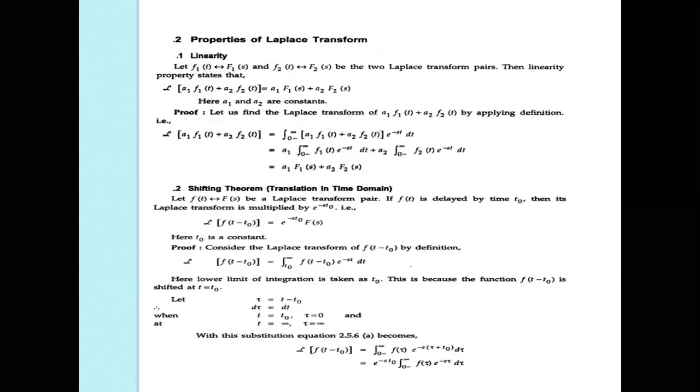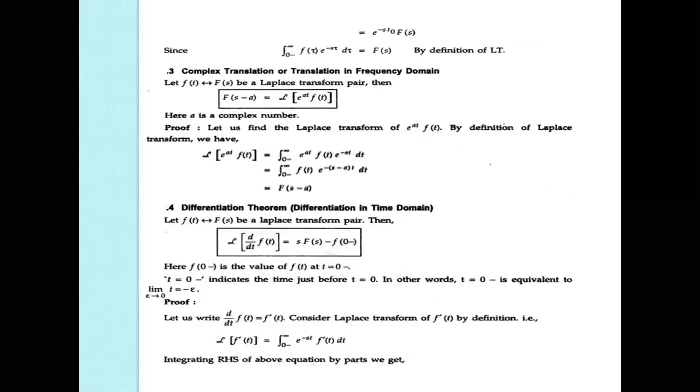And these are the 5 Laplace transformation properties we discussed. First, linearity property. Second, time shift property, or translation in time domain. Third property, complex translation, or translation in frequency domain.